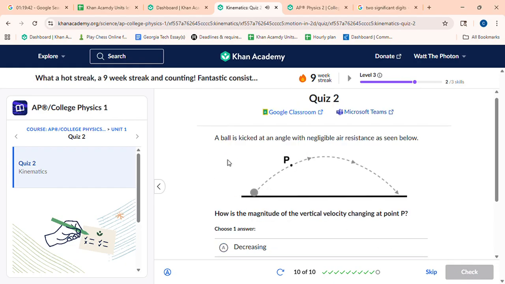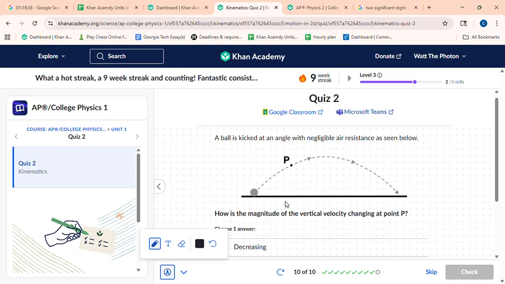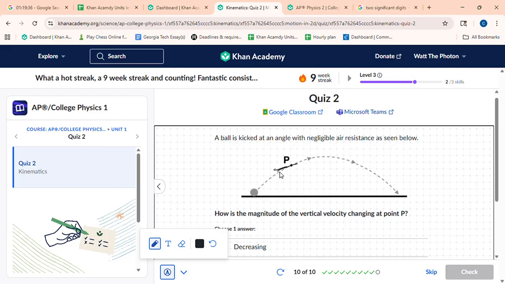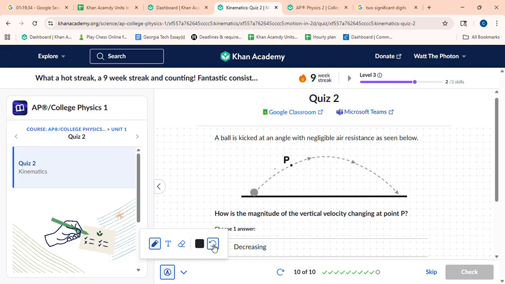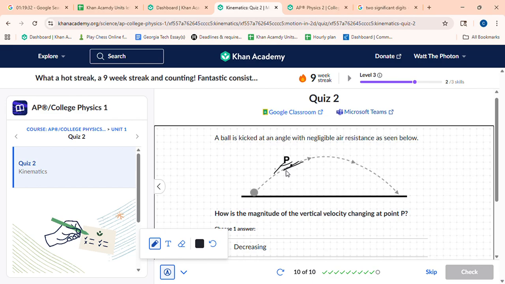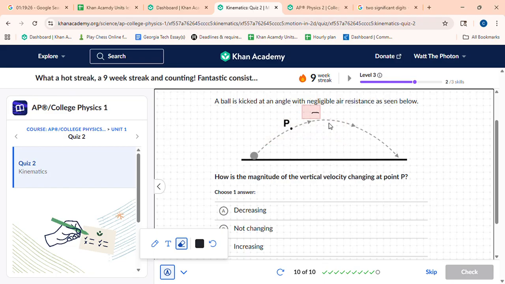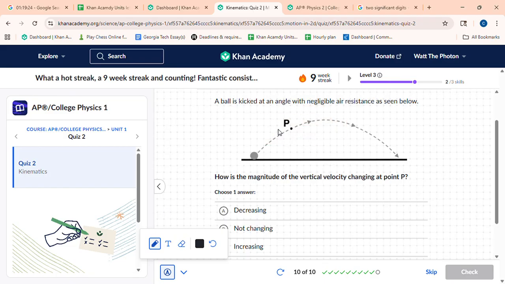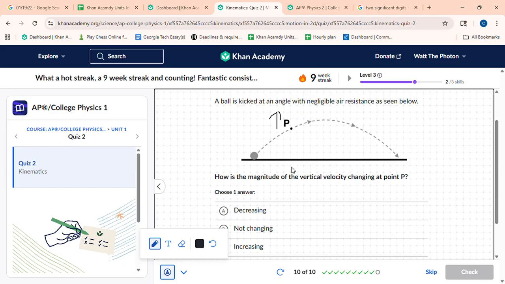Balls kicked with negligible air resistance. What's the magnitude of the vertical velocity at point P? We have point P. I see, okay. So it has that velocity. Actually it has a few vectors, one of the velocity going this way, one pushing it this way. So what's the magnitude?